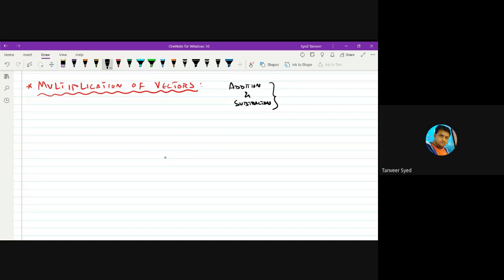Addition and subtraction can be done only on two vector quantities. Only a vector can be added to or subtracted from another vector.